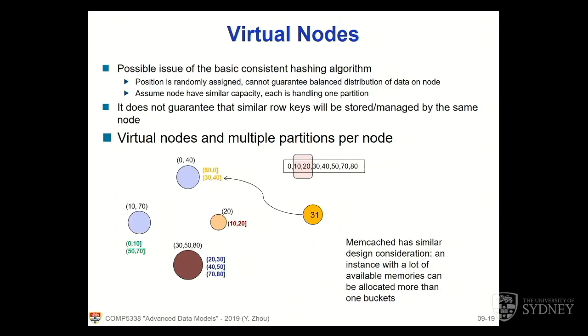So remember, Memcached actually has quite similar design considerations. One instance with a lot of available memory can be allocated more than 1 bucket, right? And another maybe with 1 bucket. So this is the virtual bucket.